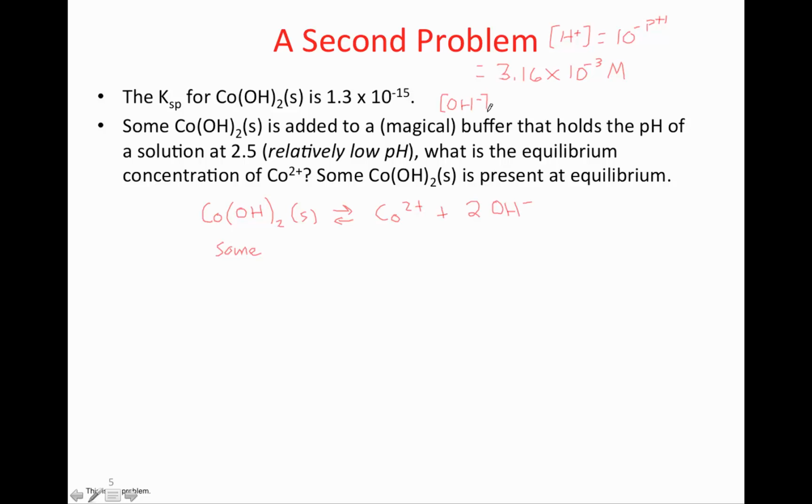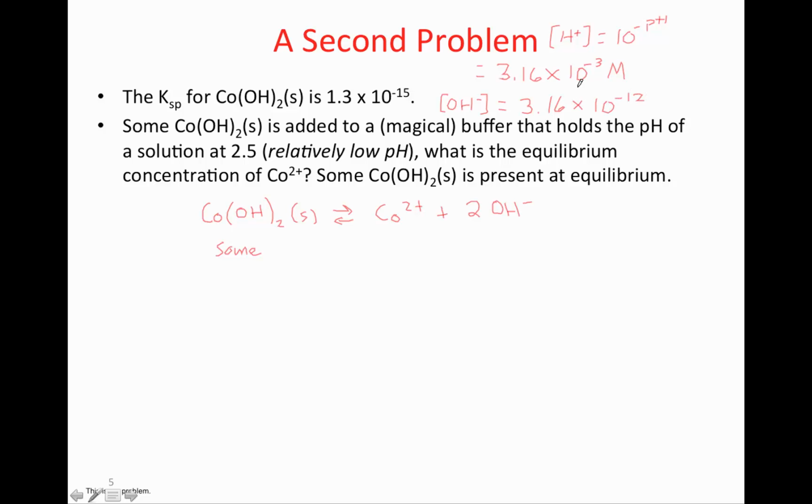Same game as we played on the previous slide. H plus concentration times OH minus concentration is Kw. So I'll take Kw and divide it by this. And now I have a very small number. I have an OH minus concentration that's 3.16 times 10 to the minus 12.